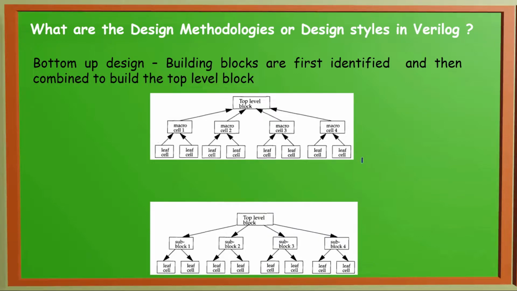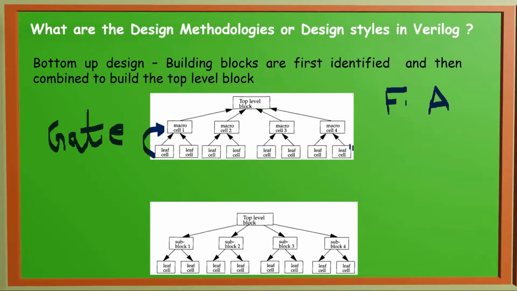For example, if you want to make a full adder, you will not start with the block diagram of the full adder. First you will start at the gate level. You will connect the gates and see the functionality of the gates. You will use the required gates which can make a full adder, the XOR gate and AND gate, and you will design it, and then you will make 2 half adders in the second level.